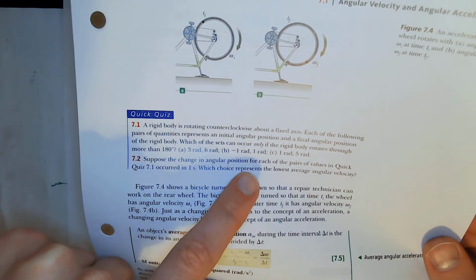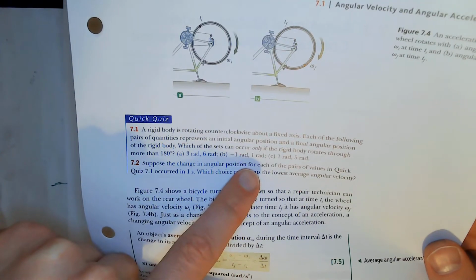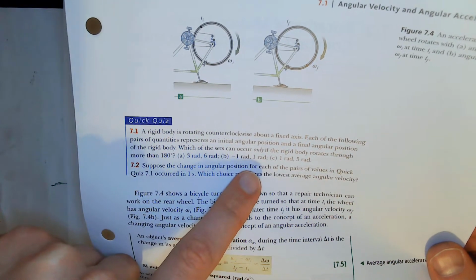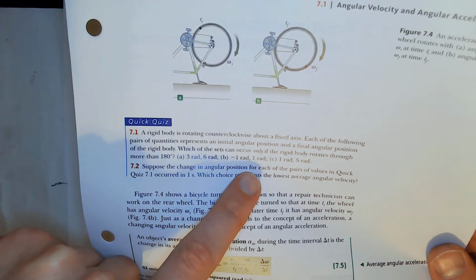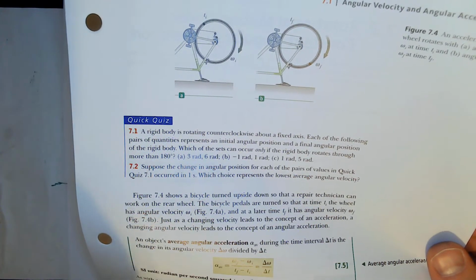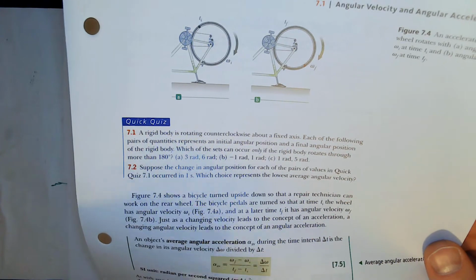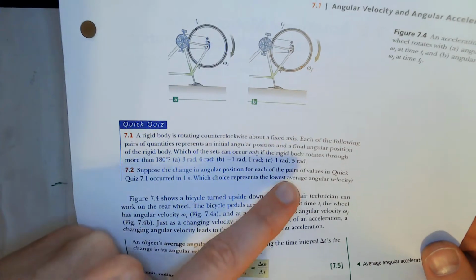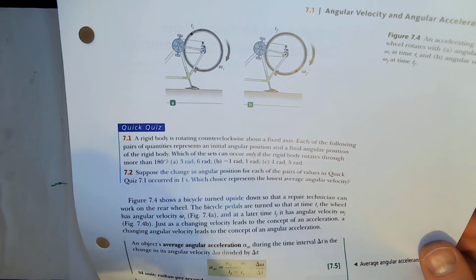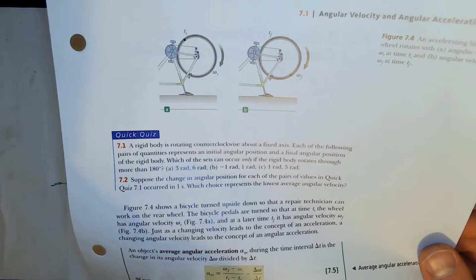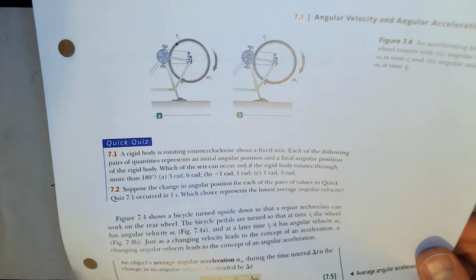The difference between these is 2 radians, 1 minus -1 is 2. 2 radians is definitely not bigger than pi radians, because pi radians is like 3.141592, whatever it is. So what about the last one? 5 minus 1, that's 4 radians. That's bigger than 180 degrees. So C would be the appropriate answer there.